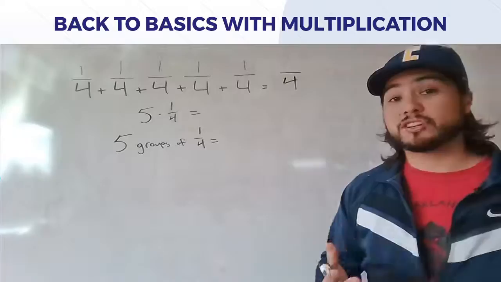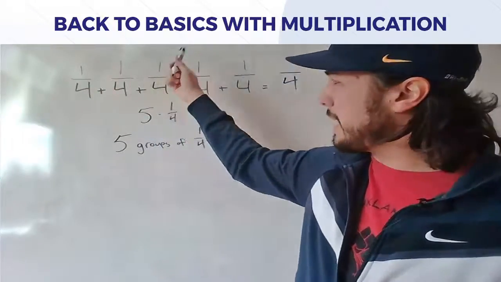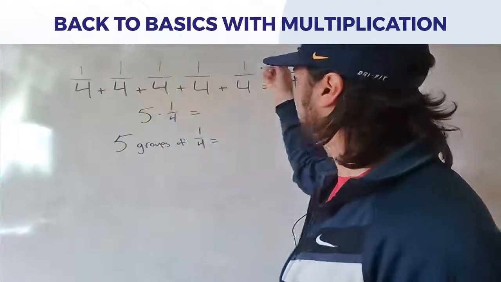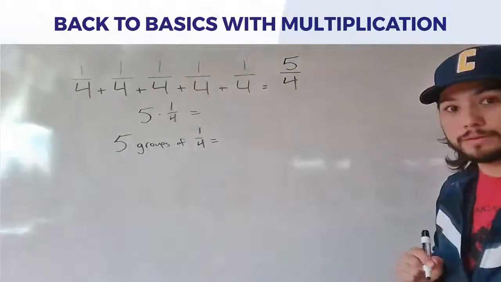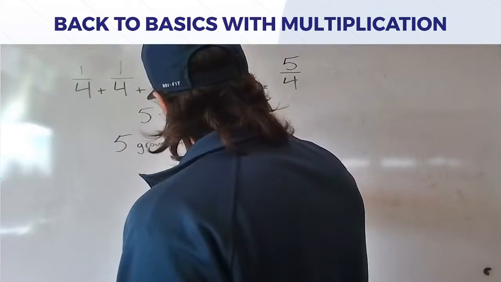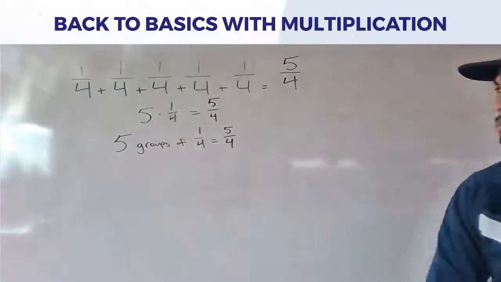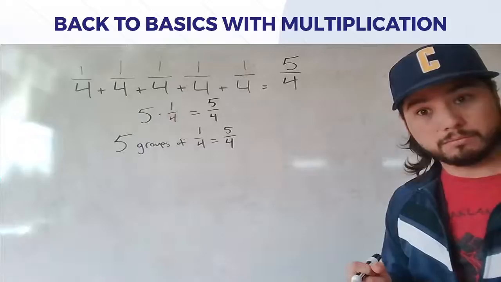So we're still functioning in fourths. And then we add up, how many fourths do we have? 1, 2, 3, 4, 5, for a total of 5 fourths. So all of these, 5 groups of a fourth, 5 times 1/4, would be equal to 5 fourths. Okay?